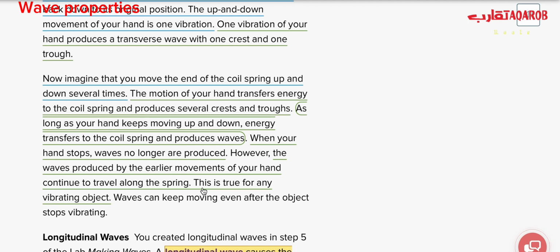Once you stop your hand, you will not create new waves, but the waves that are already created will continue until they end. So the waves produced by the earlier movement of your hand continue to travel along the spring. This is true for any vibrating object. Waves can keep moving even after the object stops vibrating.